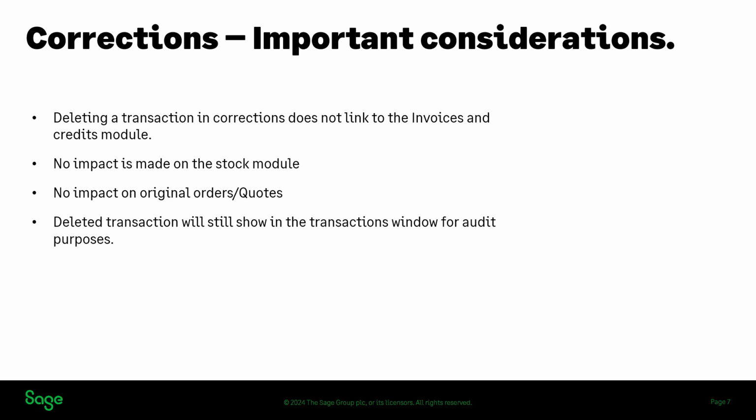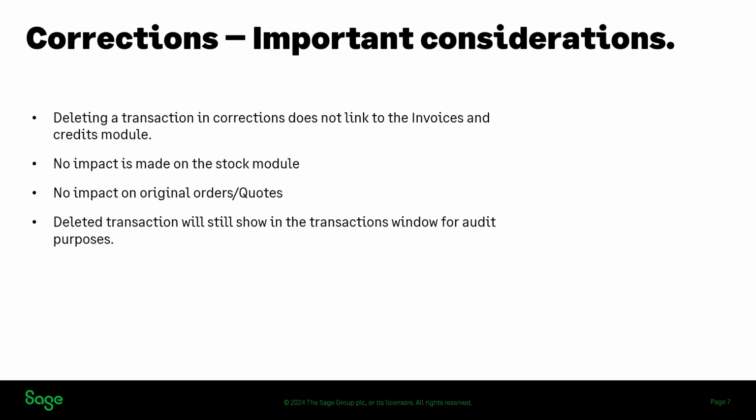A quick question there is, can I edit a line item, nominal code or department on a customer invoice that has been posted? You would need to amend the transaction, but it won't actually impact the original invoice. So it might be that you look at crediting the invoice and re-entering the invoice. It is possible, but it's not as straightforward.